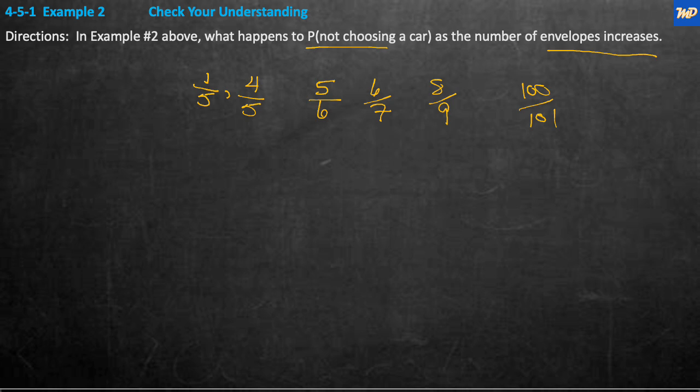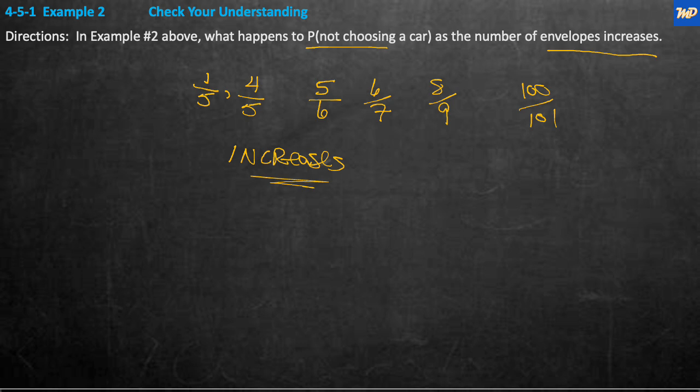It increases. The probability of not choosing a car becomes more and more probable. It makes it harder and harder to choose the car, but easier and easier to not choose the car. You're going to be more and more likely to not win the car.